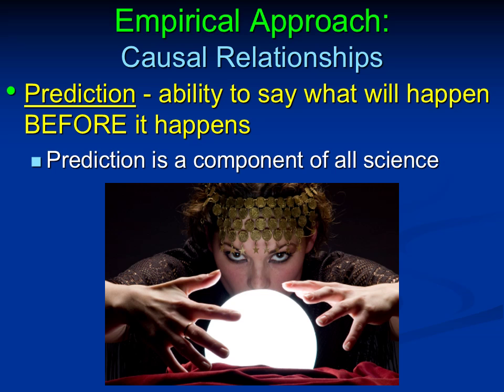Okay, so the second goal of the empirical approach that's mentioned in the book is this idea of prediction. Obviously, prediction is the ability to say what will happen before it happens, right? So prediction is actually a component of all sciences, and I have some slides to illustrate that.